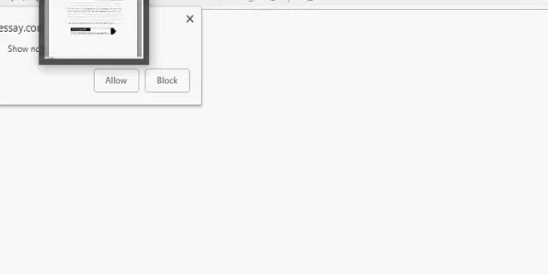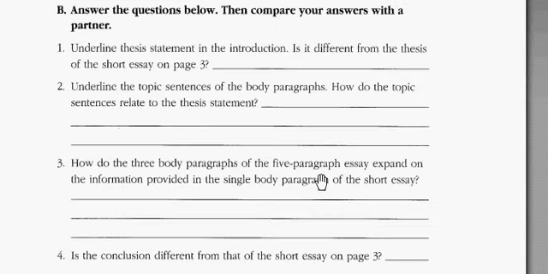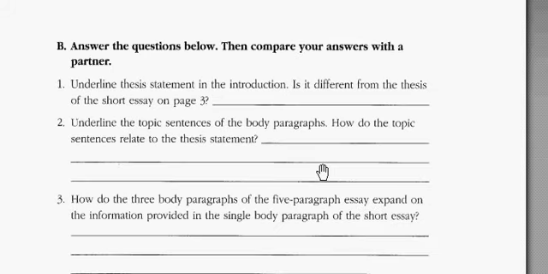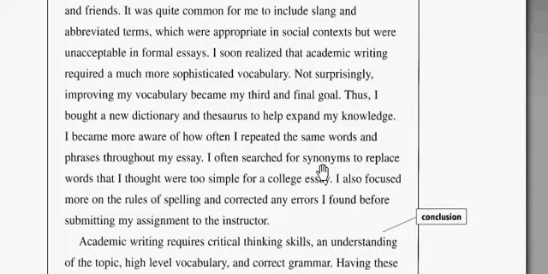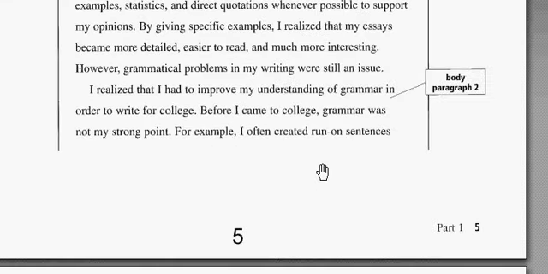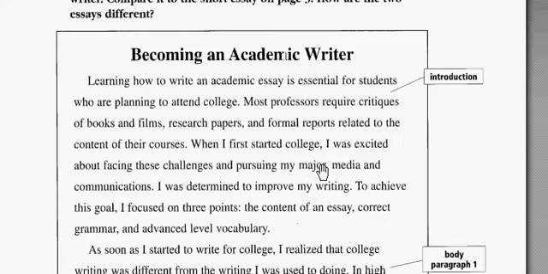Back into the chapter, I want you to study and analyze pages 5 and 6, because this is the model that I want you to follow this week. But we're going to change the title. Instead of becoming an academic writer, we're going to change it to becoming an effective student.